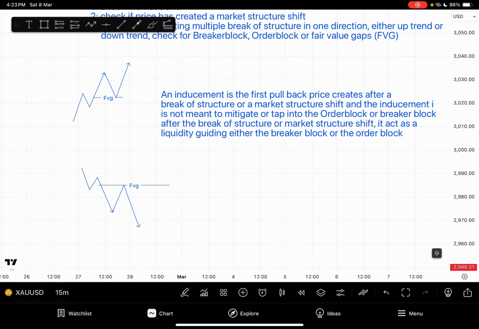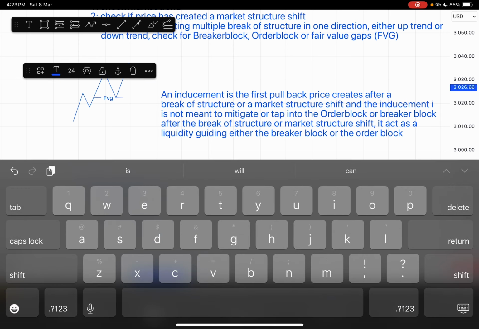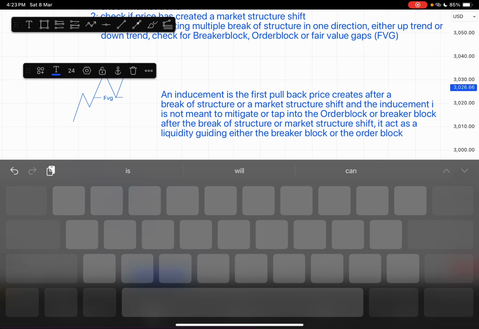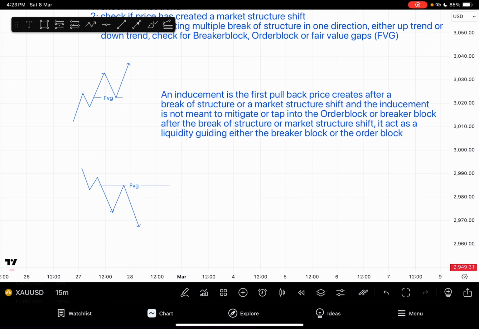So an inducement is the first pullback price creates after a break of structure or a market structure shift, and the inducement is not meant to mitigate or tap into the order block or breaker block after the break of structure or market structure shift.